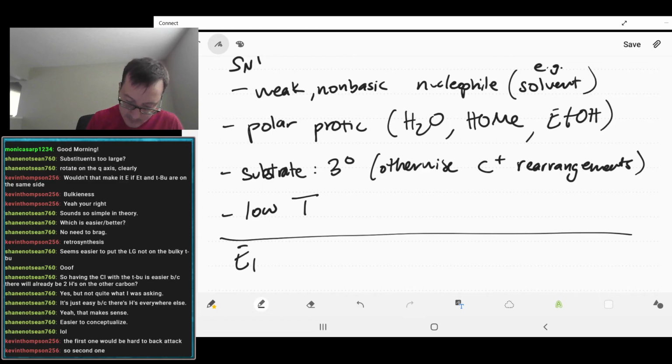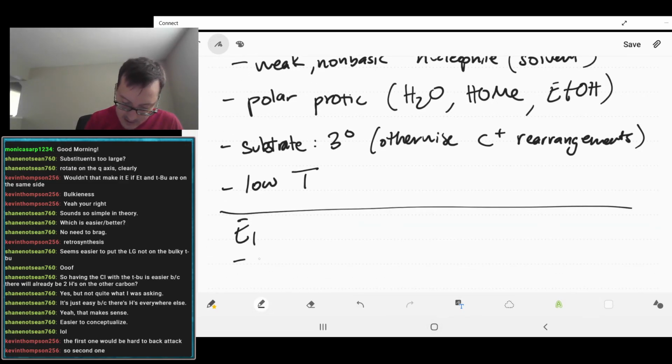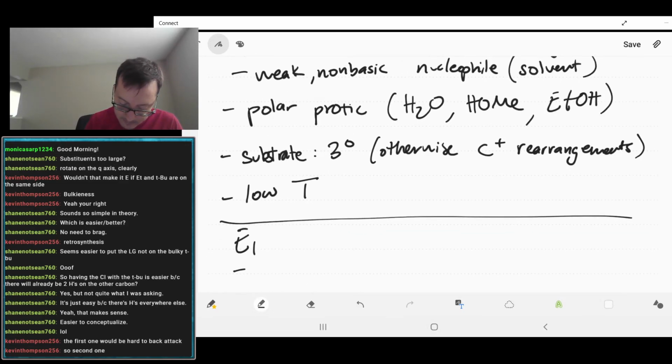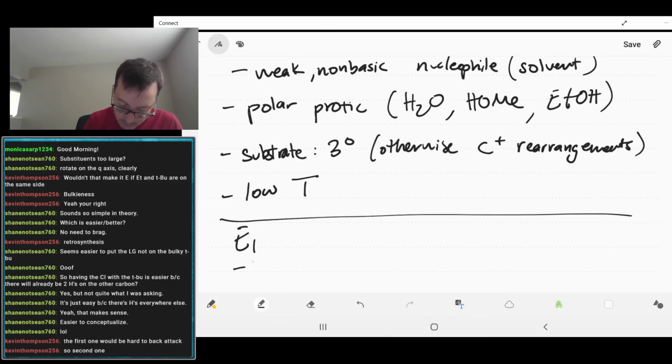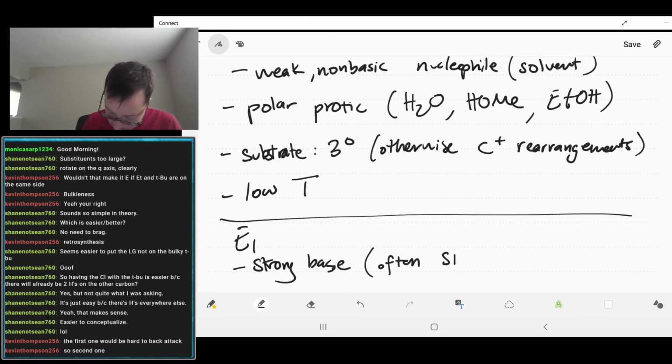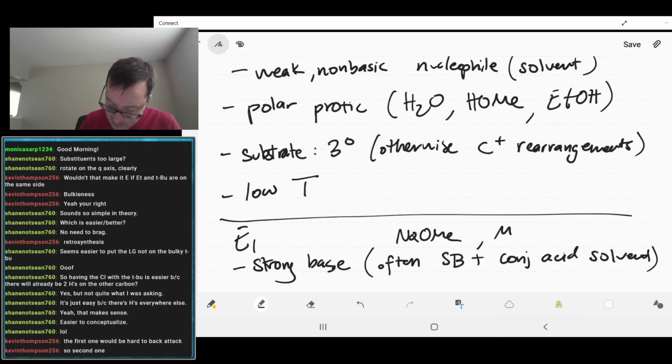For E1, you can have a strong base here. Very often that might be sodium methoxide and methanol.